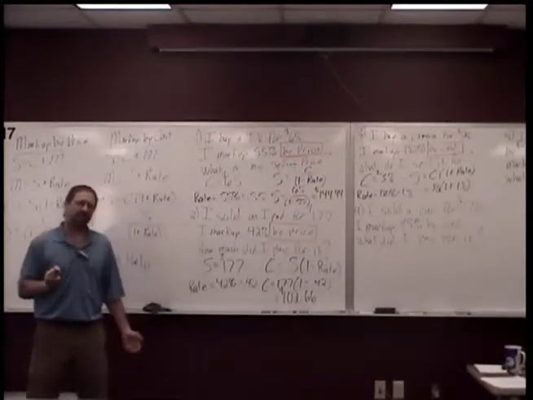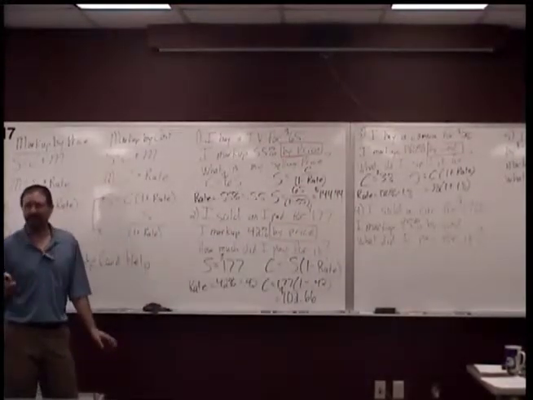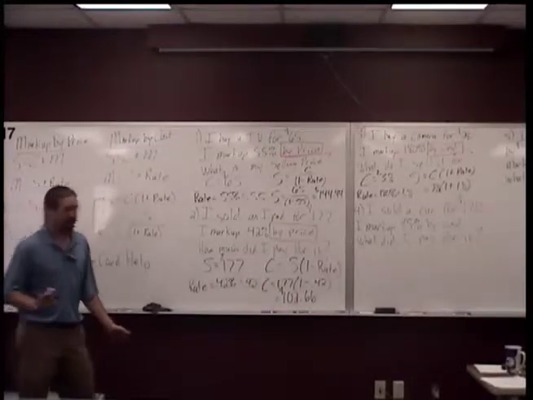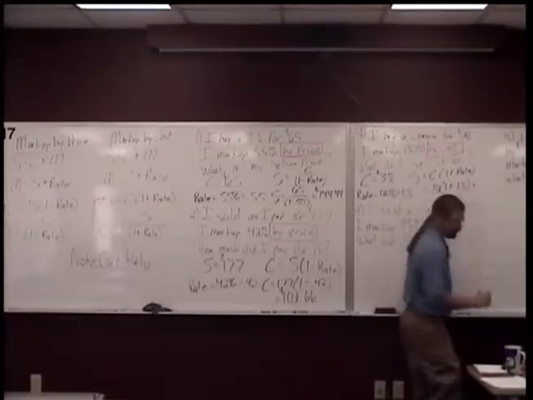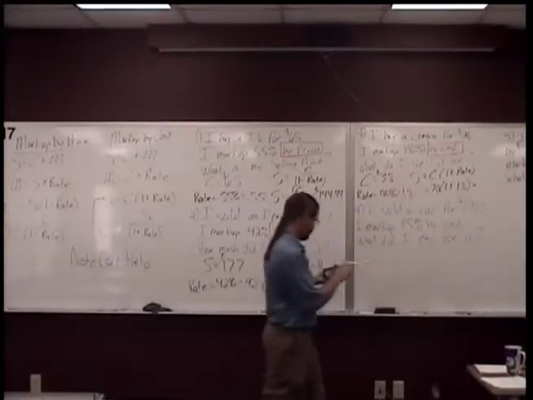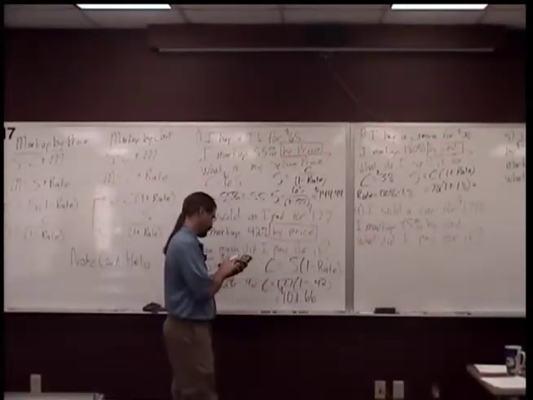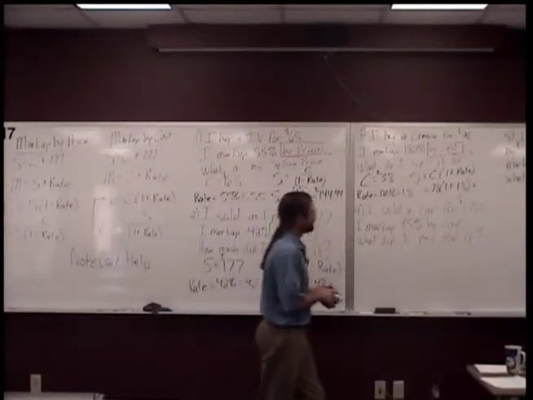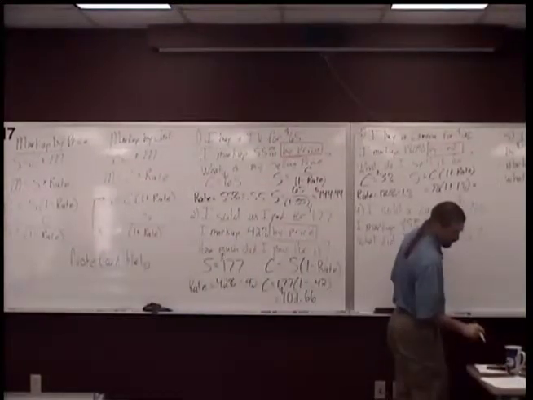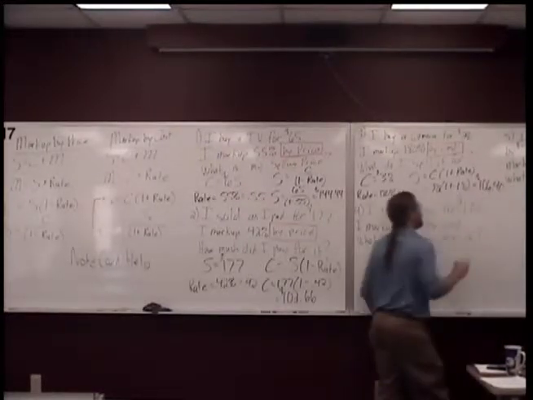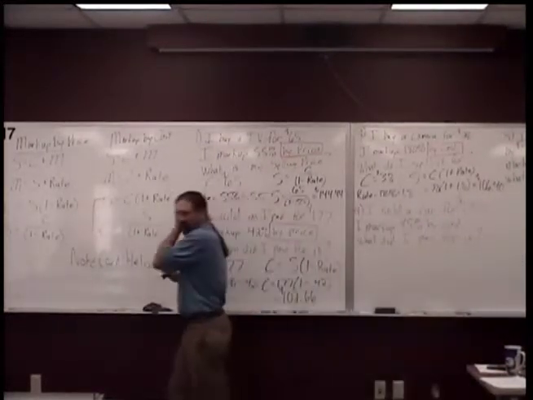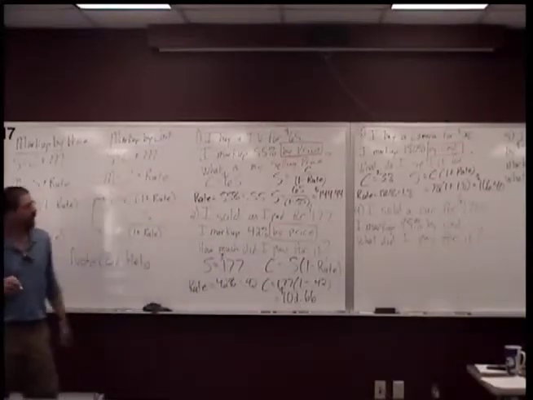Again, the classic student mistake here is to just multiply by 1.8 and be done. That's not good enough. All right? So I will sell this camera for $106.40.